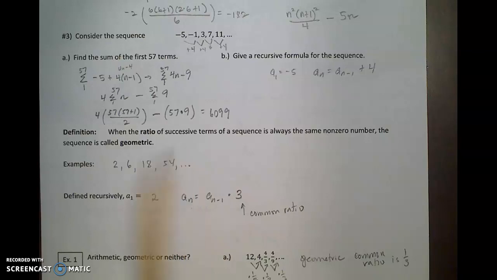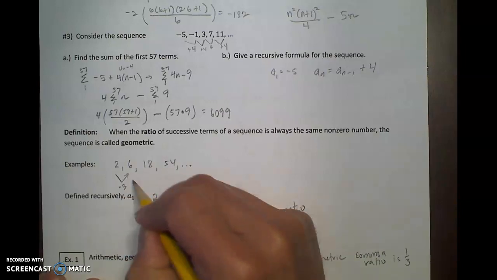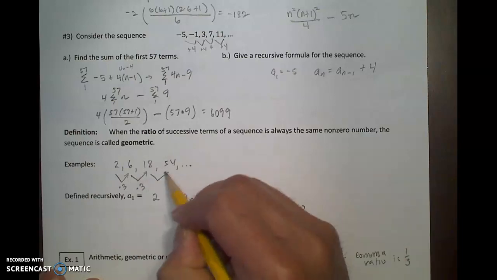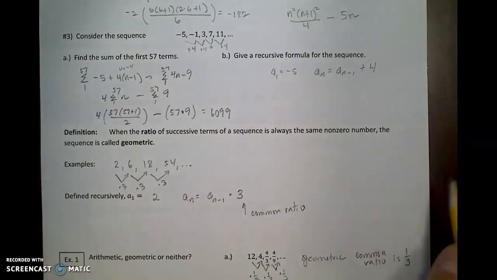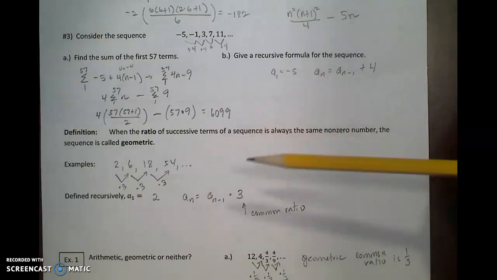So as you go from one term to the next, in this particular geometric, I'm multiplying by 3. Right? So they go from 2 to 6 times 3, 6 to 18 times 3, 18 to 54 times 3. Alright, so that times 3 is the common ratio.